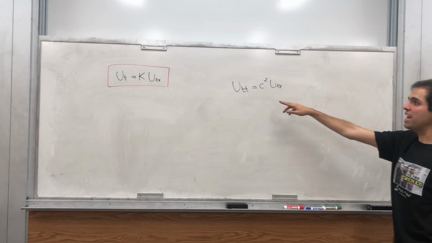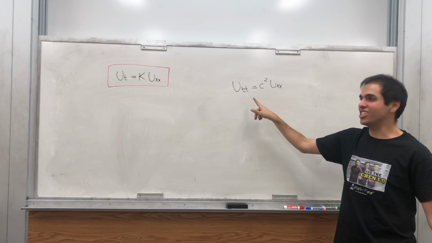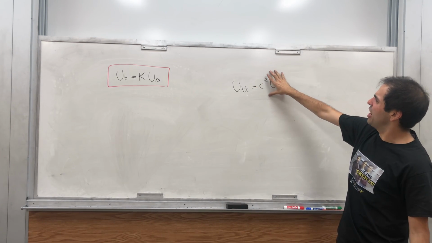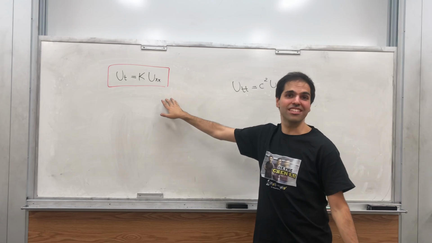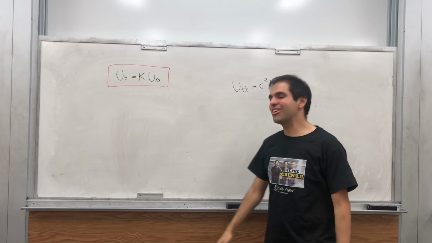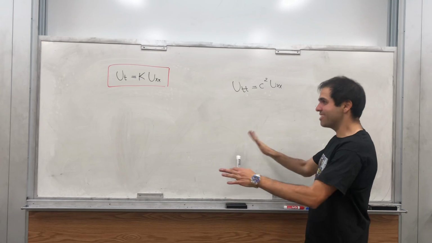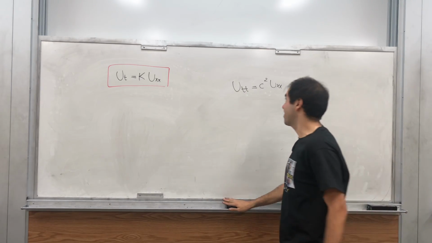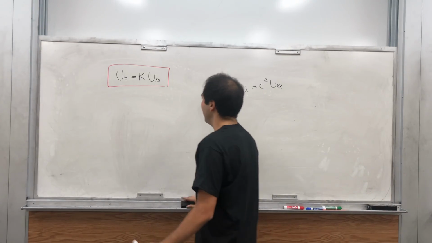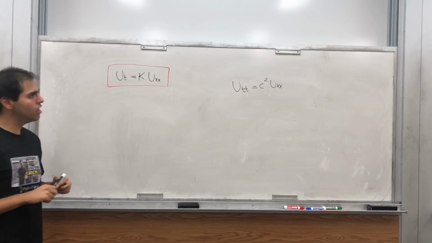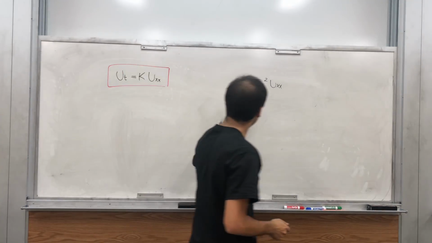Because this equation, just like a genetic mutation, like an extra chromosome, is very different from this equation. So two really completely different things. You think math is math, but it's different math. That said, we can use this wave equation to motivate things a little bit.